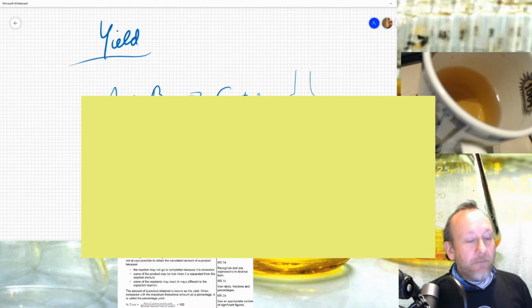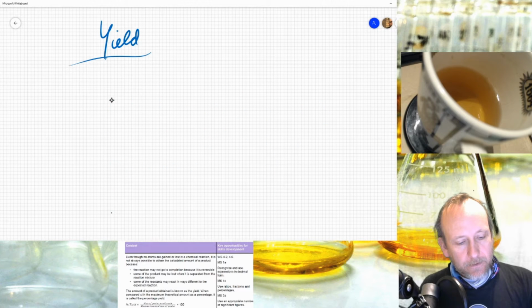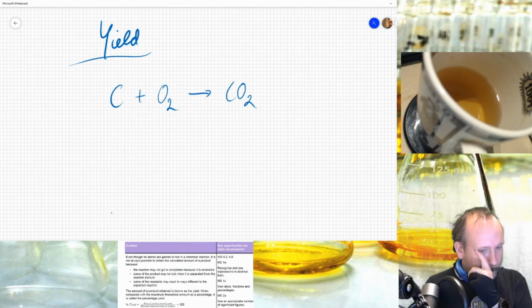That's fine. Now, for the higher tier, you need to calculate the theoretical mass of a product from the given mass of reactant and the balanced equation for the reaction. Since we're dealing with global warming a lot, we've done this reaction probably quite a few times.